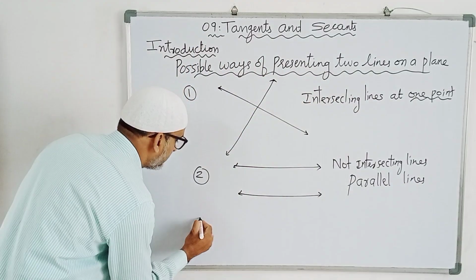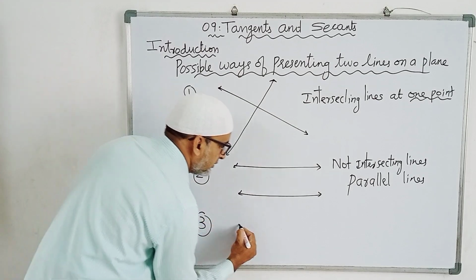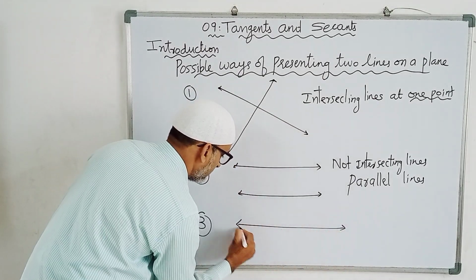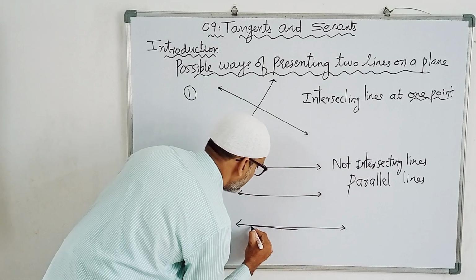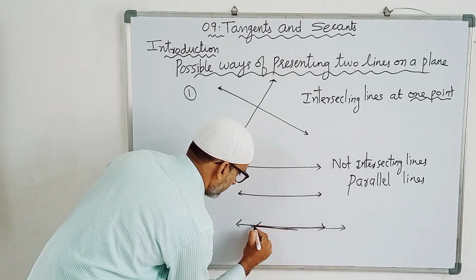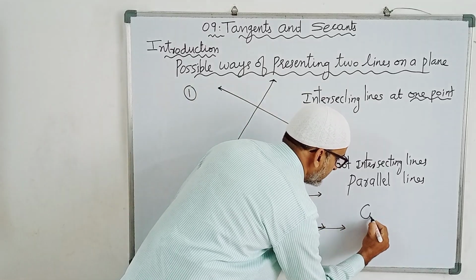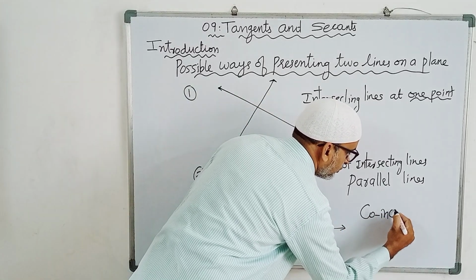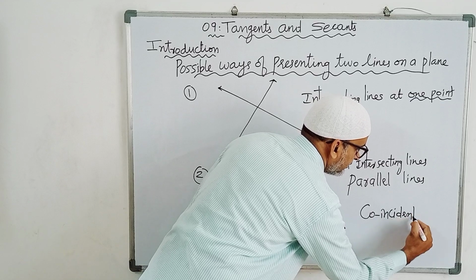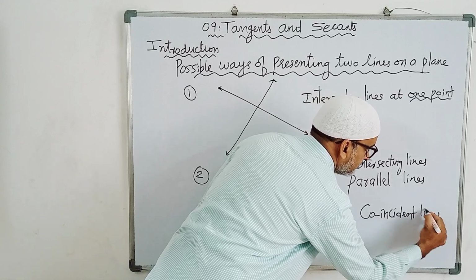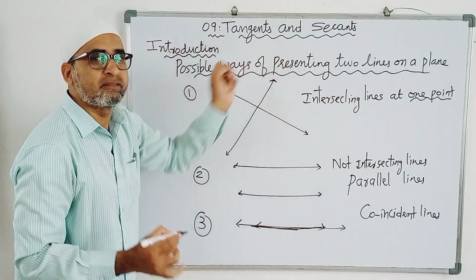Okay. Number three, this is one line, and on this another line is here. These types of lines are known as coincident lines. Coincident lines.